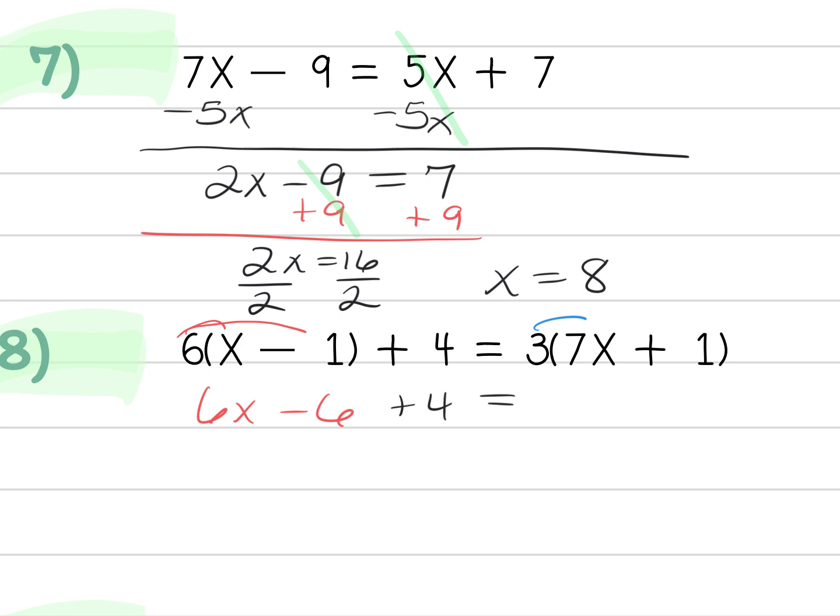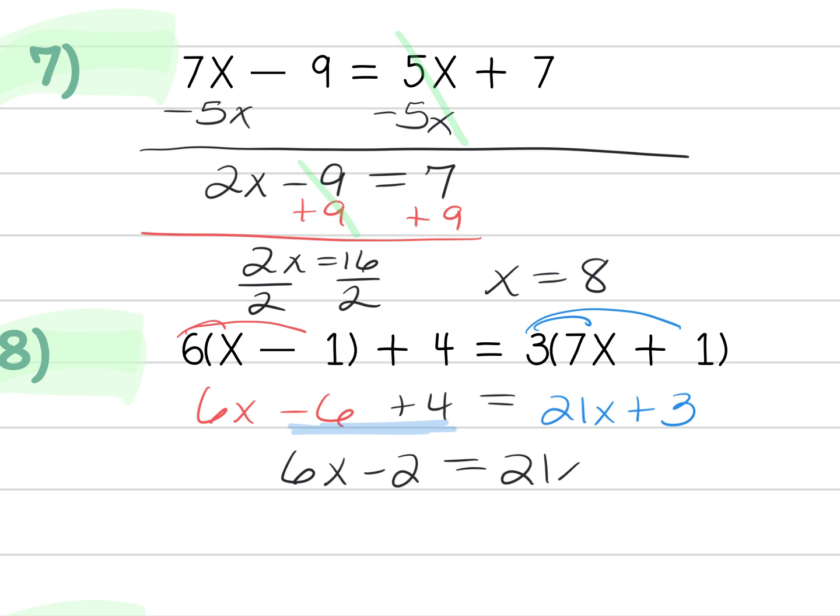Next, I'm going to distribute the 3 to the 7x and to the +1. And now I'm going to combine like terms first. So I have like terms right here with the -6 and the +4. So now I'm left with 6x minus 2 equals 21x plus 3.